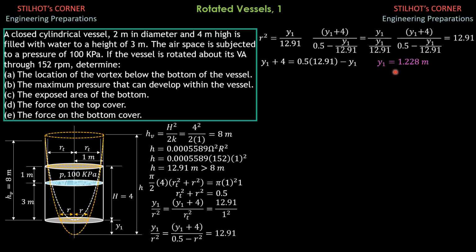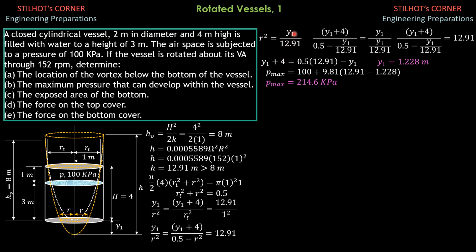Since we already solved y1, the maximum pressure at the base, around the periphery, is 100 plus 9.81 times the quantity 12.91 minus 1.228. So the maximum pressure is equal to 214.6 kilopascals.